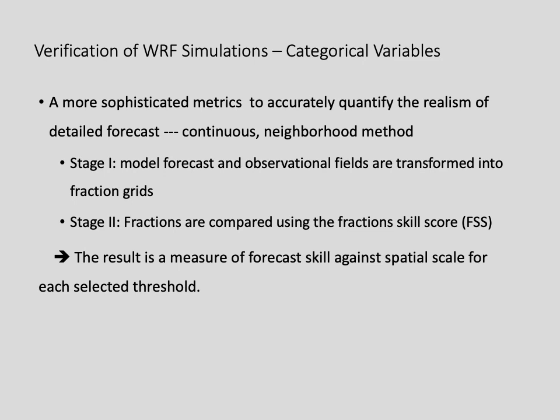Because of the limitation in the traditional verification methods, a more complicated verification method was developed, which can better quantify detailed precipitation forecast. This method includes two major steps. First, the forecast and observations are transformed into fraction grids. Second, the fractions skill score is computed and used to evaluate the model performance.